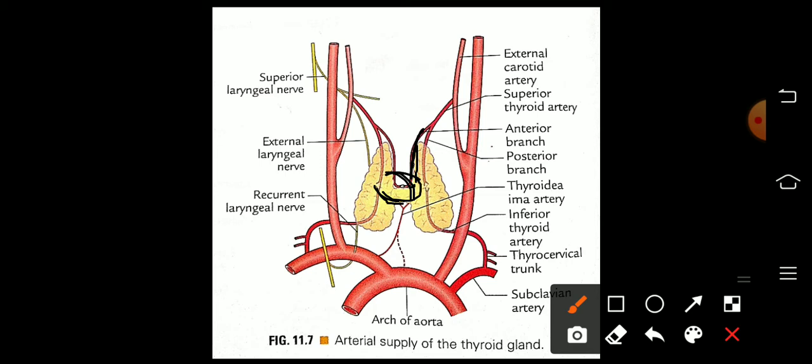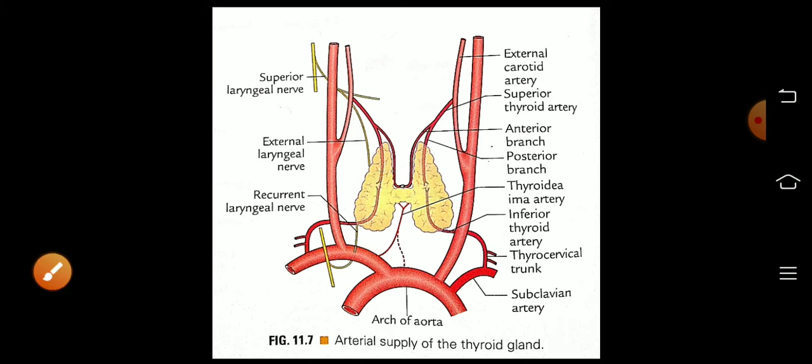So you can see the isthmus here, and the anastomosis here, right? Now this is about the anterior branch of the superior thyroid artery.